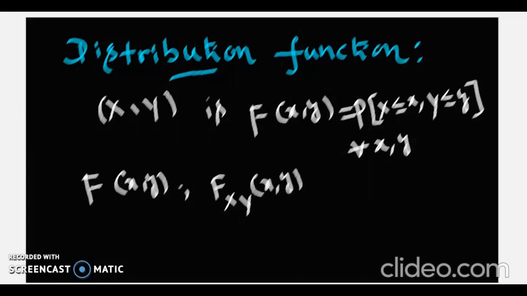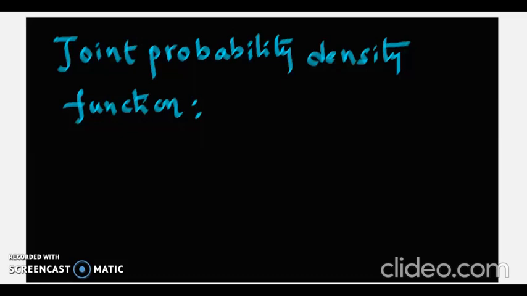Joint probability density function. In short, we call it JPDF, meaning joint probability density function.